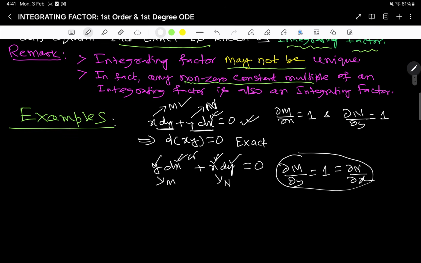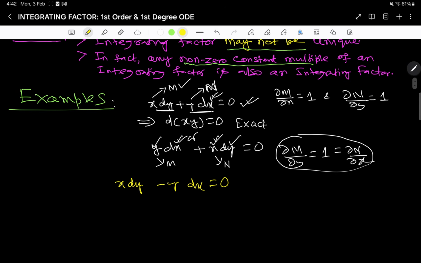Now suppose we have another example, x dy minus y dx is equal to 0. You see, it is not exact. Here this is my M and here this is my N. I can rewrite it as minus y dx plus x dy is equal to 0.